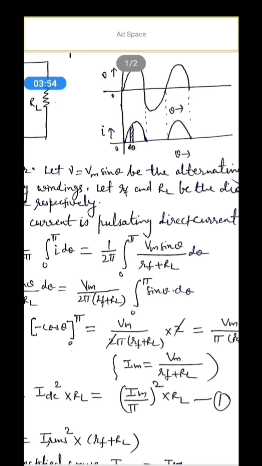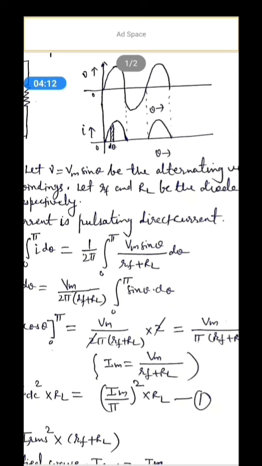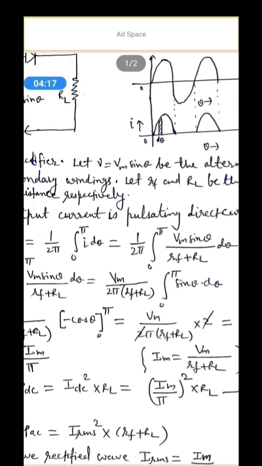Since Vm upon RF plus capital RL does not depend on theta, we get I average or IDC equal to Vm upon 2 pi into RF plus capital RL, into integration from 0 to pi of sin theta d theta.